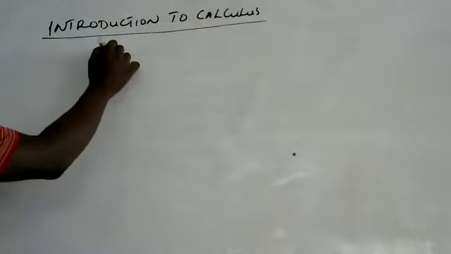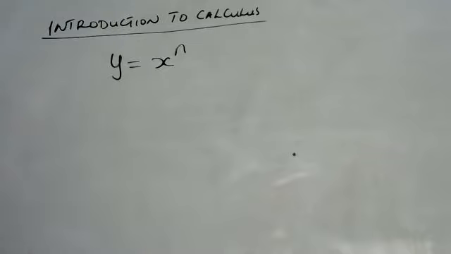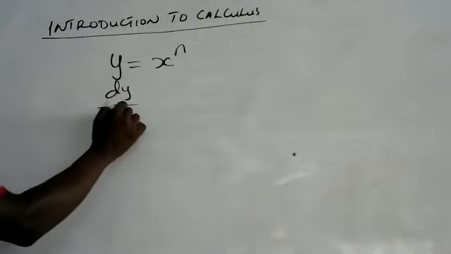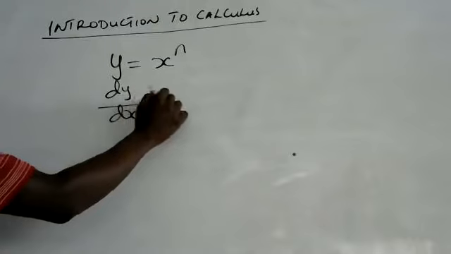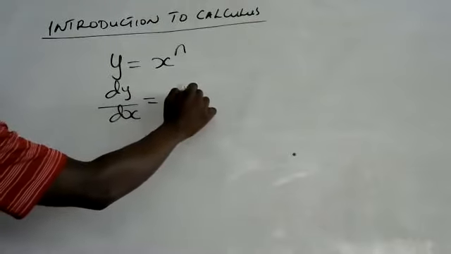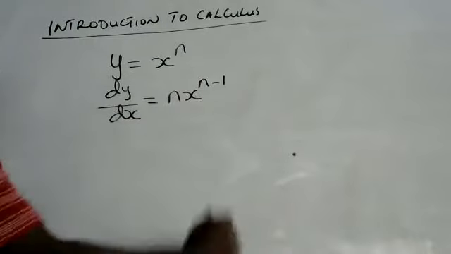If we have y is equal to x power n, the derivative, which is dy over dx, will be equal to n x power n minus 1.